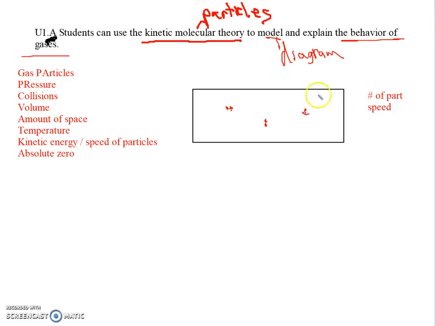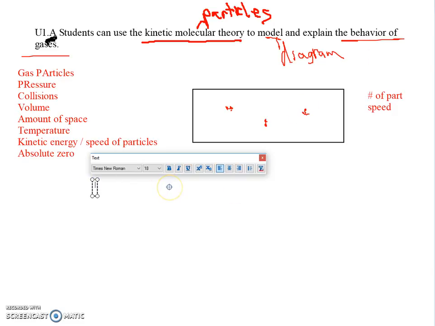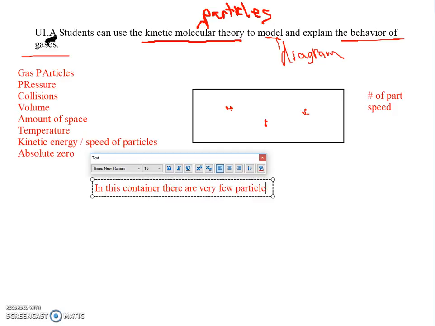Okay. And then if I wanted to explain this, I might say in this container there are very few particles. I think your explanations tend to flow a lot easier if you always start by discussing the particles and what you know about them. So there are very few particles, and they have a low kinetic energy.